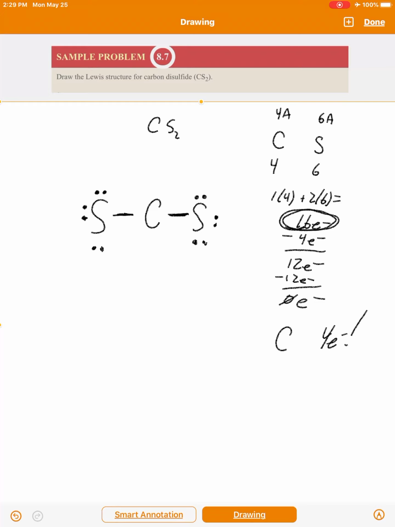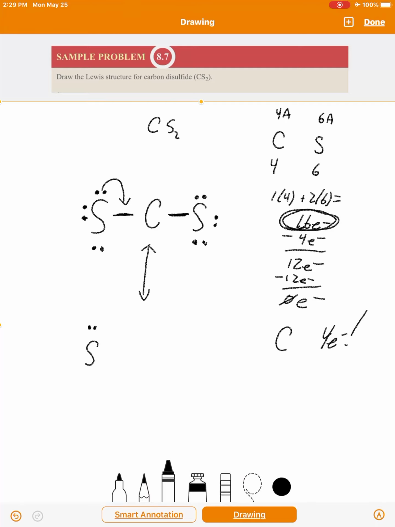So generally, what you do is you push a pair from one of the surrounding atoms, and I use the curved arrow notation to represent that, so that the lone pair, oops, let me erase that lone pair, now becomes a second bond to the central atom. Okay? That gives the central atom another pair of electrons. So now that pair is shared.